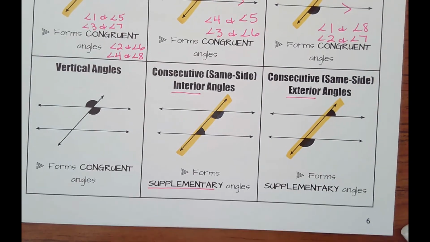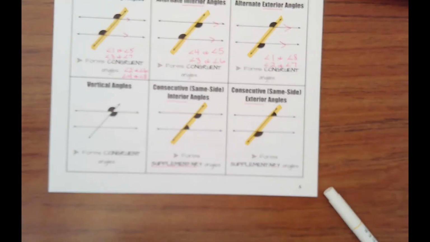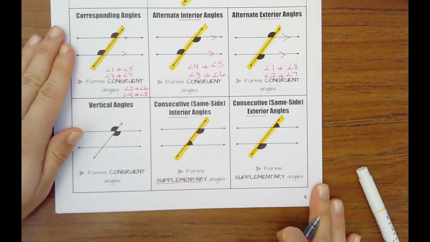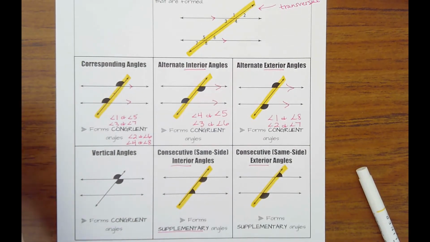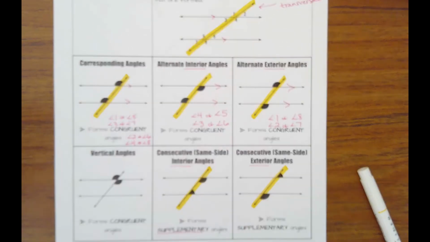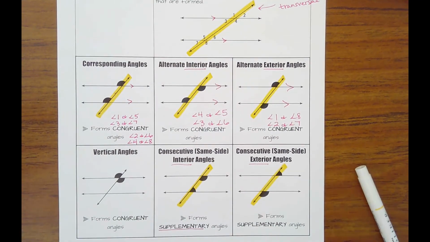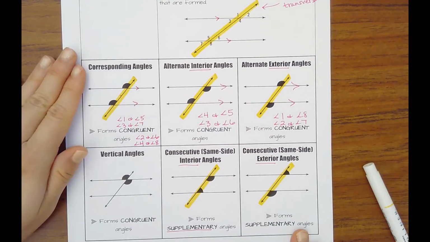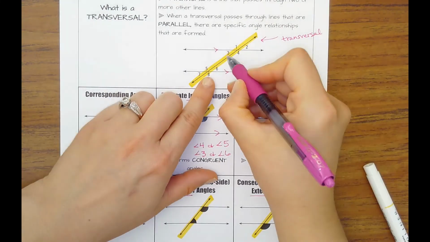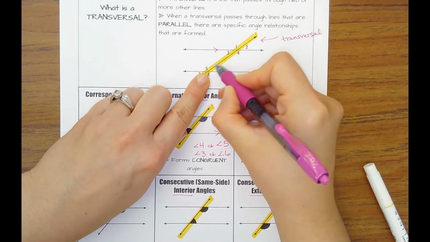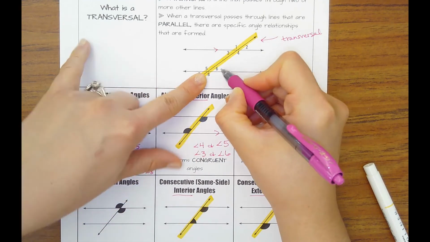Looking at my picture above, zoom out. Looks blurry. Maybe that helped, maybe it didn't. If I wanted to find same side interior, that would be like angles 3 and 5 and 4 and 6.